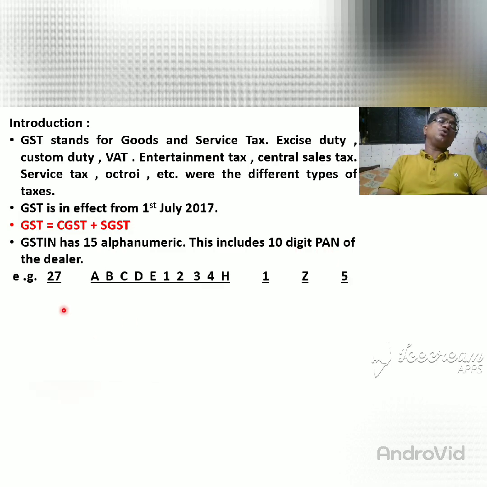I will show you an example of a GSTIN. In this way GST has 15 alphanumerics.